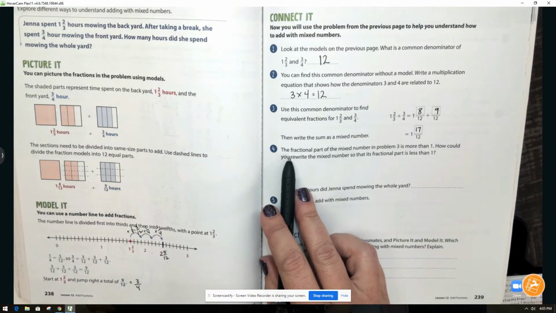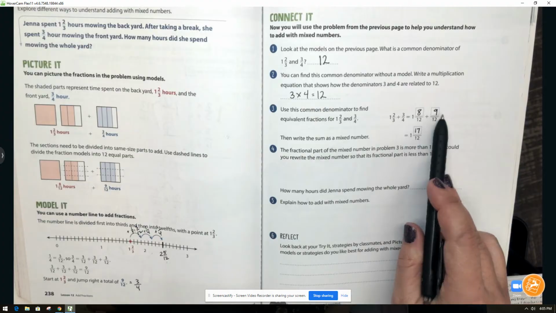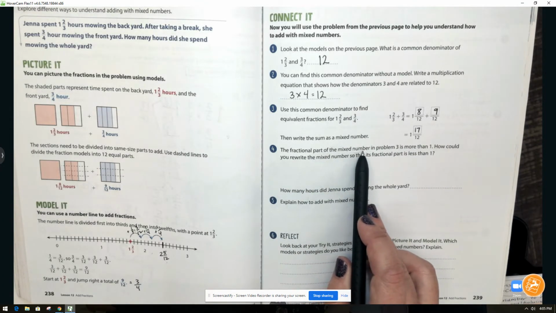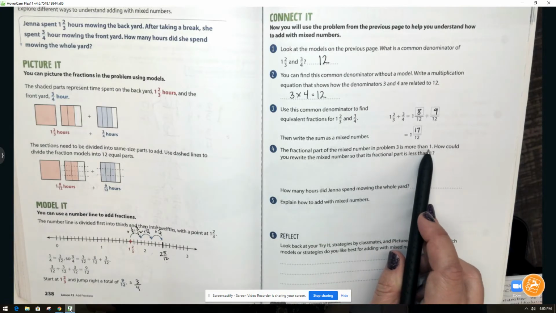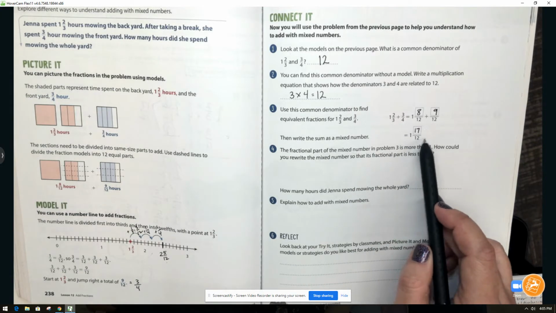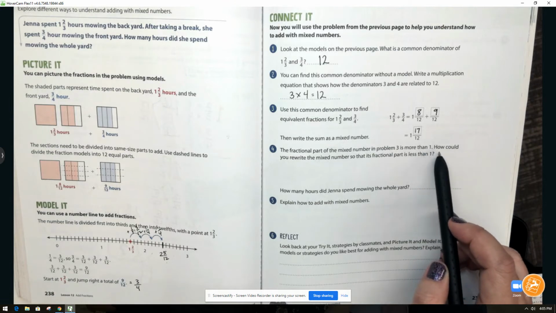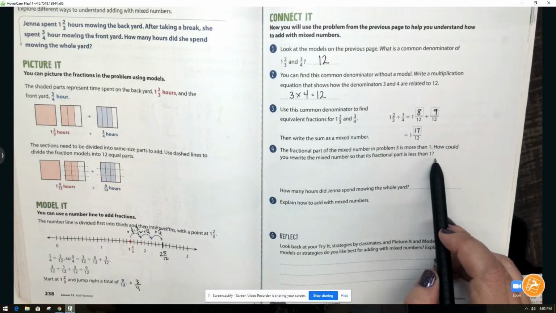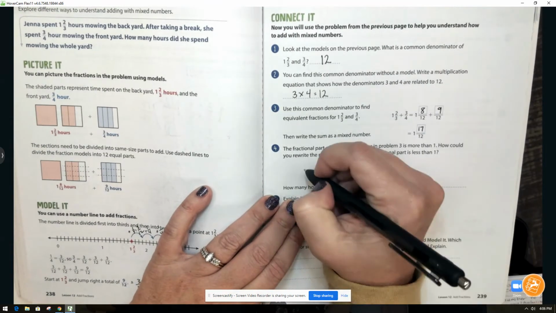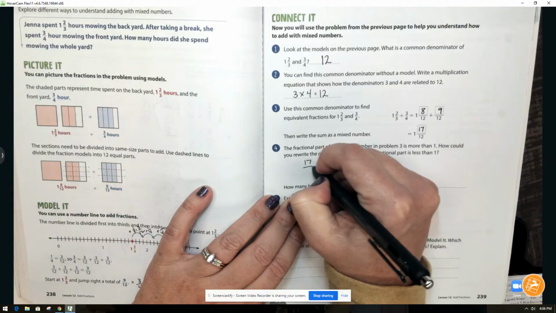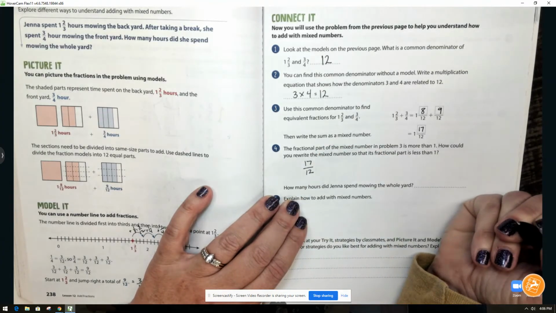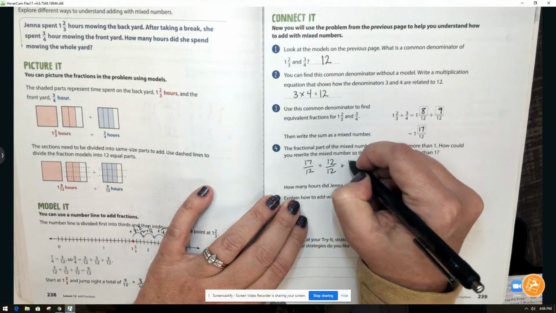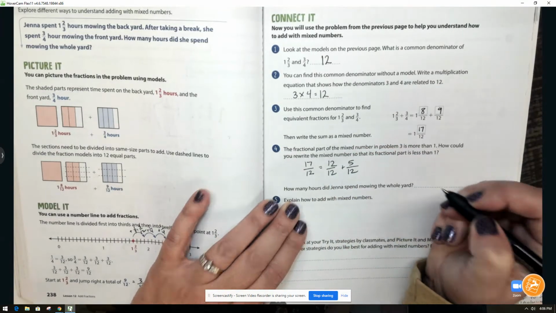Number 4 says, because that 17 comes from adding the 8 and the 9. Sorry about that. The fractional part of the mixed number in problem 3 is more than 1, meaning this 17/12 is greater than 1. How could you rewrite the mixed number so that its fractional part is less than 1? So remember, we could take the 17/12, and that really equals 12/12 plus 5/12.